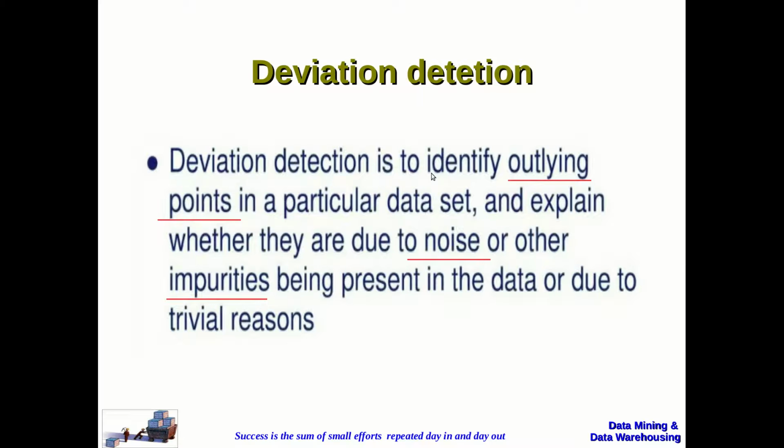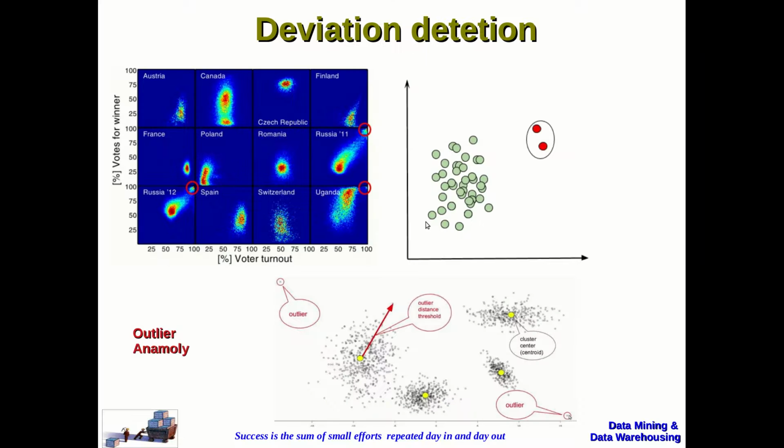Say for example, if you have a data set like this, you can observe here most of the data points are available here, whereas these two data points are away from the data set. So I can call it an outlier, or an anomaly that is available in the data set.